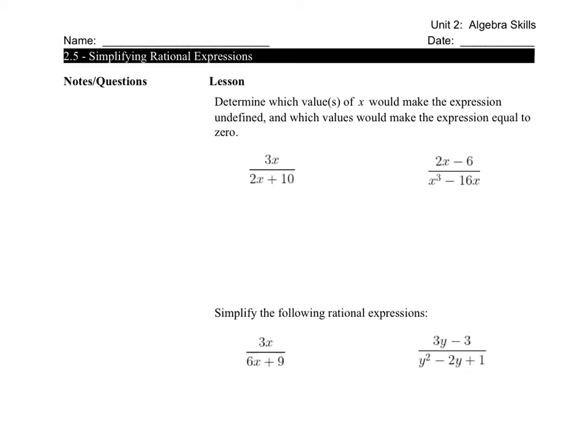So we have two expressions here, and before we look at either one of them, I just want to take a look at what would make a fraction be undefined, or what would make a fraction be equal to 0. So if I had a fraction that was something divided by 0, this would be a problem because logically you cannot divide something into 0 groups.